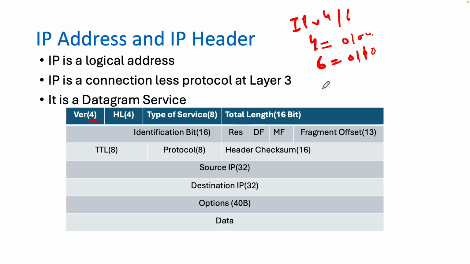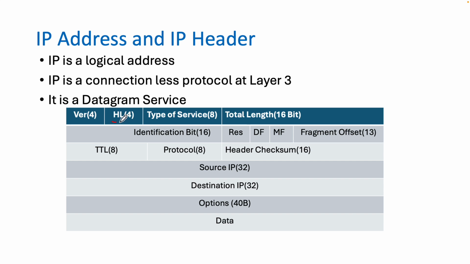But why do we need 4 bits for that? We could do the same thing with 3 bits, right? But actually we don't know if there will be IP, let's say v10 in future. Ideally I don't think so, but yes, they may have a plan for that. That is why they have kept 4 bits here. This is the version in 4 bits, just to mention the version.